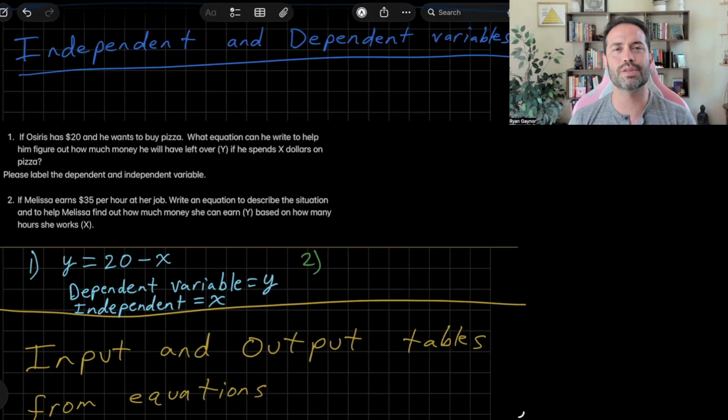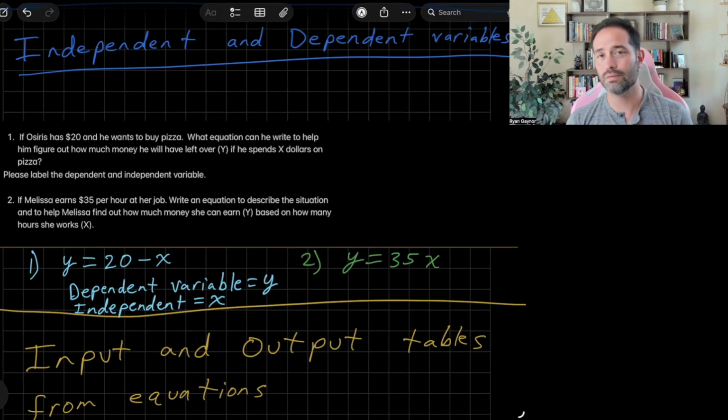She's earning $35 per hour, and the money that she will earn, y, is based on how many hours she works. So y equals $35 times every hour, so times x. We can just put an x next to it. When you have a number and a variable next to each other, that means multiplication.